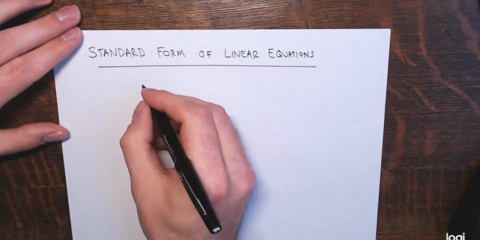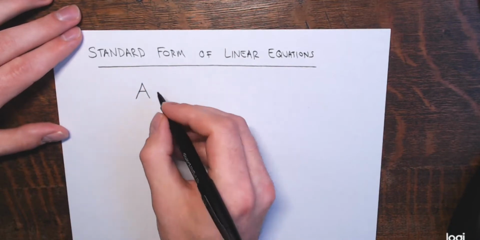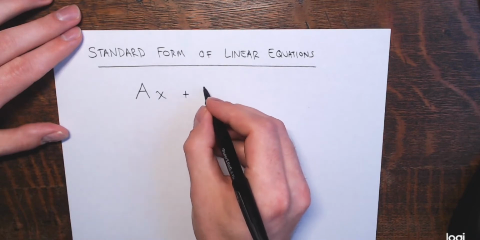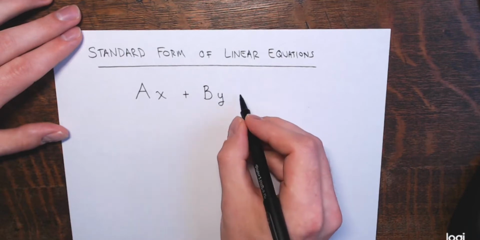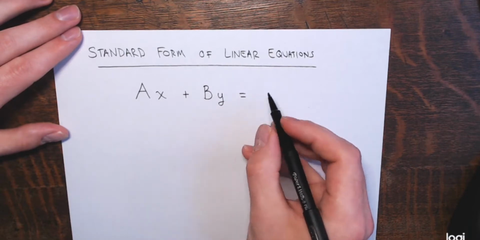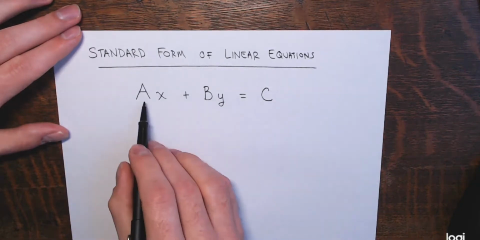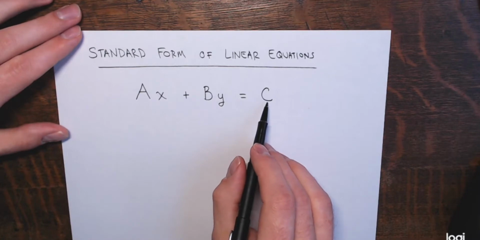It's just some number A, capital A, times x plus some number B times y equals some number C.